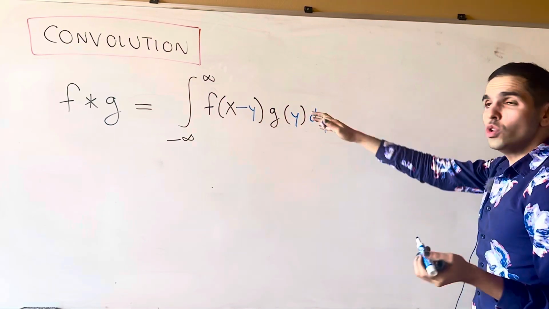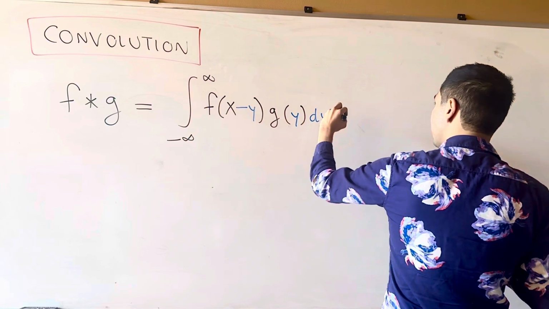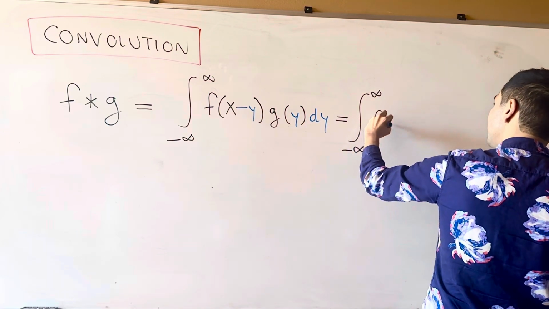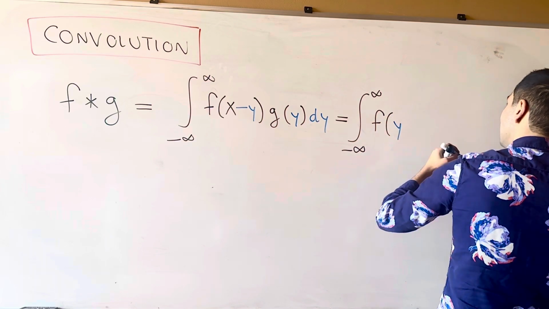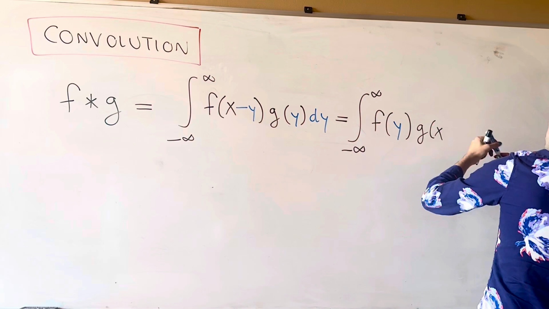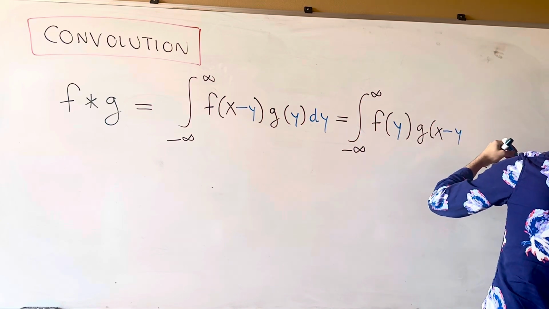Or using a u substitution, this can also be written as the integral from minus infinity to infinity of f of y, g of x minus y, and then dy.